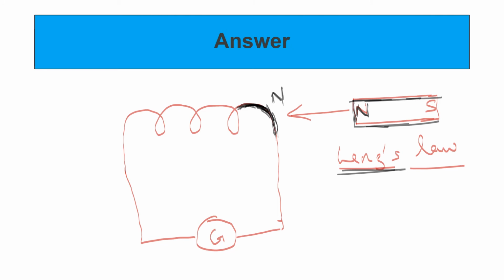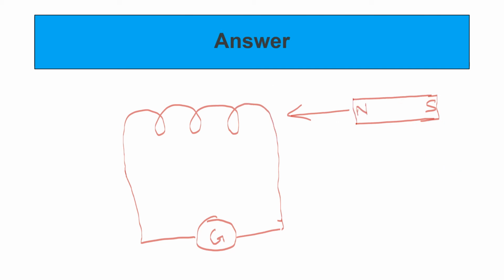The magnet is moving in this direction, so this polarity will try to repel it. This face of the coil, which is facing the magnet, has the north polarity according to Lenz's law. The magnet is moving in this direction, therefore this north polarity will repel this movement.